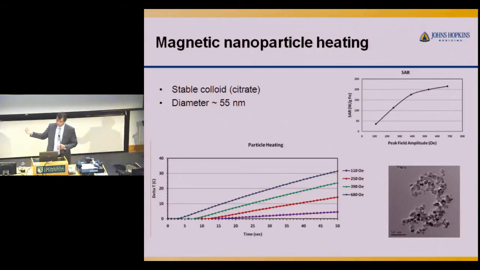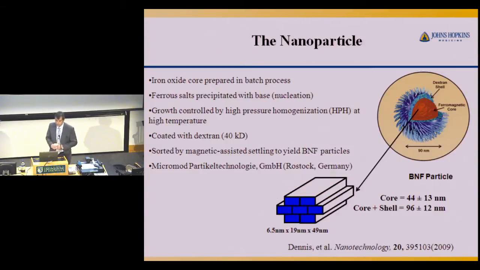They're crystalline iron oxide that are coated, and you can see here on the lower left-hand side on the graph that at different field strengths we are able to generate heat in a sample, and in about 40 or 50 seconds, if the right field conditions are applied, we get a change in temperature of about 30 or 40 degrees C. So we can generate a fair amount of heat fairly quickly with these particles.